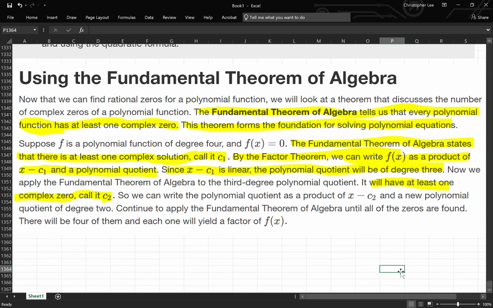Now we apply the fundamental theorem of algebra to the third degree polynomial quotient. It will have at least one complex zero, call it c2. So we can write the polynomial quotient as a product of x minus c2 and a new polynomial quotient of degree 2. Continue to apply the fundamental theorem of algebra until all the zeros are found. So there will be 4 of them, and each one will yield a factor of f of x.